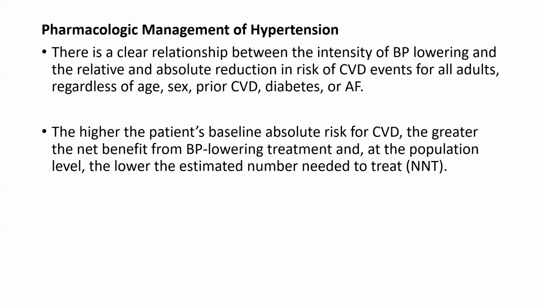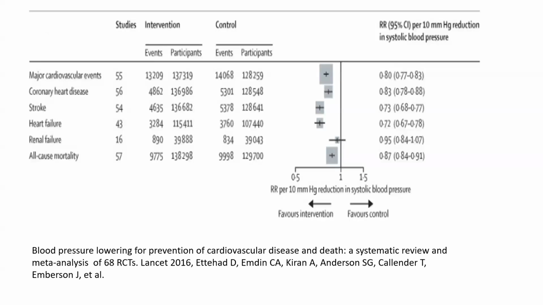between the intensity of blood pressure lowering and the relative and absolute reduction in the risk of cardiovascular disease events for all adults, regardless of age, sex, or prior cardiovascular disease. And the higher the patient's baseline absolute risk for cardiovascular disease, the greater the net benefit from BP lowering treatment, and at the population level, the lower the estimated number needed to treat.